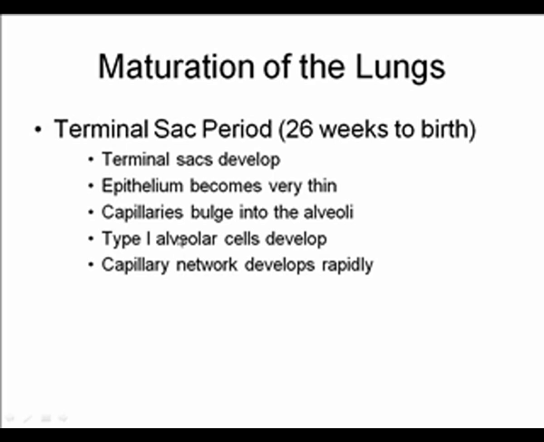And so we get type 1 alveolar cells developing, a capillary network developing, and gaseous exchange can occur at this point. So from about 25 or 26 weeks on, it is possible for the fetus to survive if born prematurely.